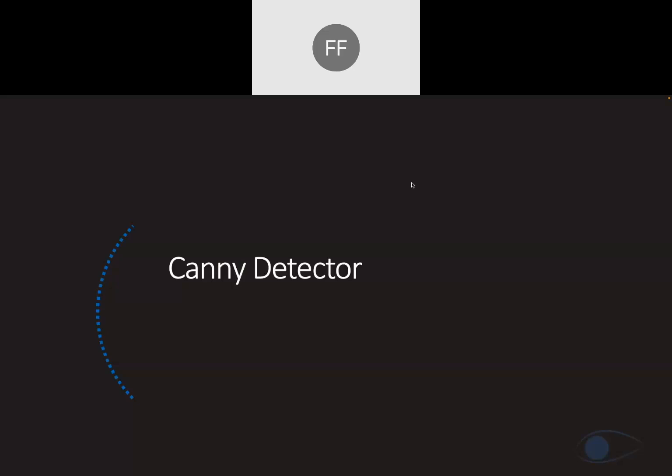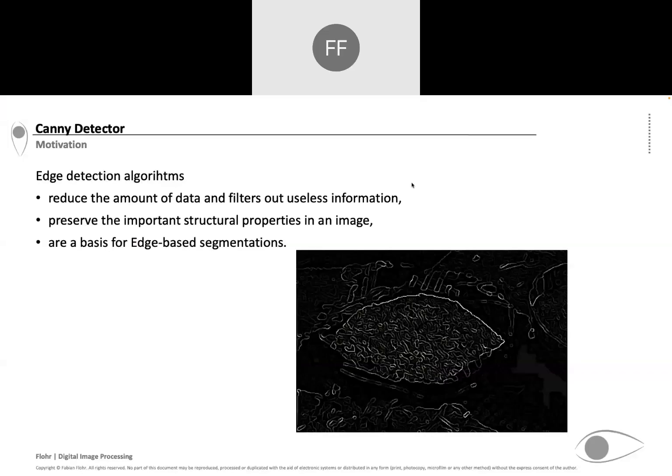So let's talk about an edge detector which was and still is quite famous, one of the most used pre-processing algorithms in computer vision. It's the Canny edge detector. The motivation is that you want to reduce the amount of data and filter out useless information. Those are the edges, right?